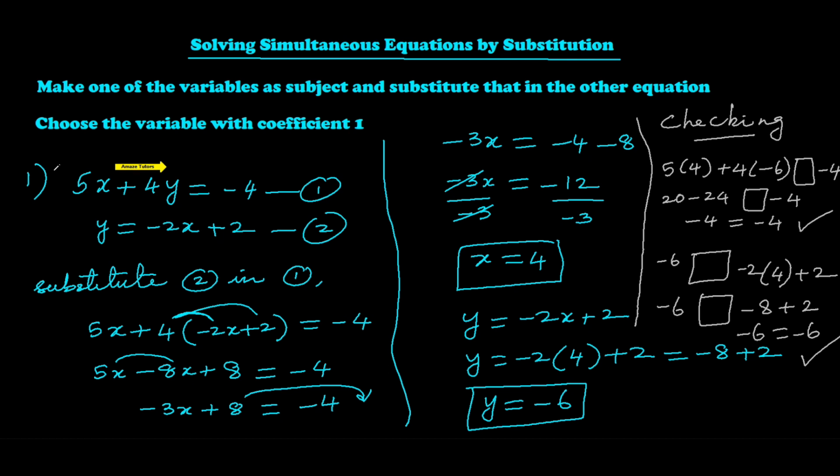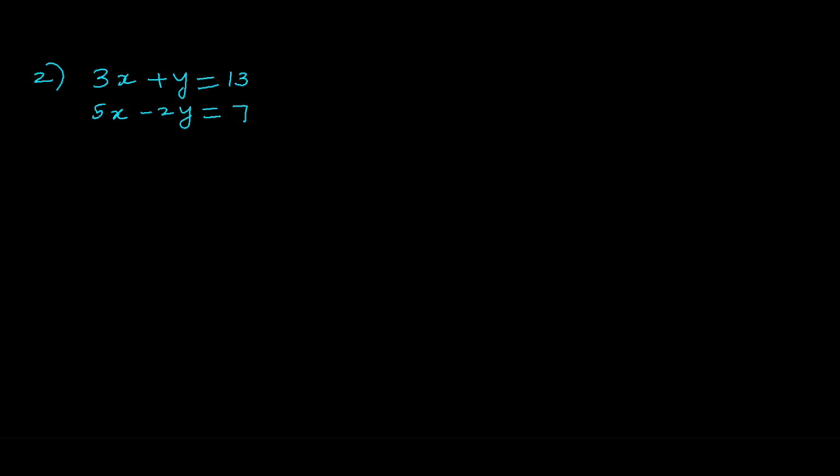Okay, this is question number 1 in which you directly have y is equal to something. Let's see question number 2. But here we don't have any subject like x is equal to something or y is equal to something in any of the equations. But when you look at the y variable, it is with coefficient 1.